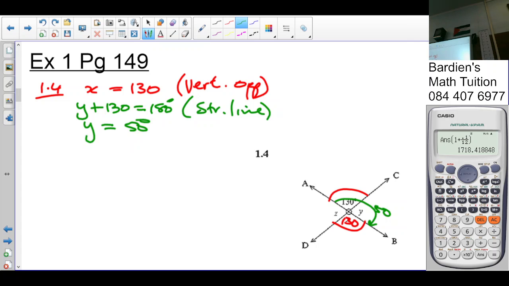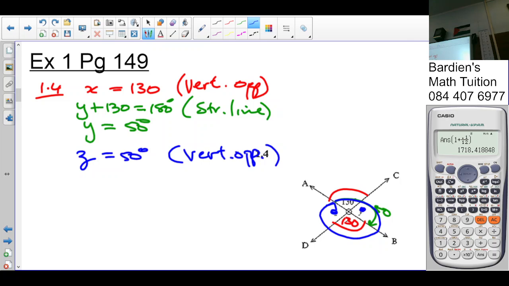I could also have said 130 plus 50 plus 130 plus 50 adds up to 360, revolution.